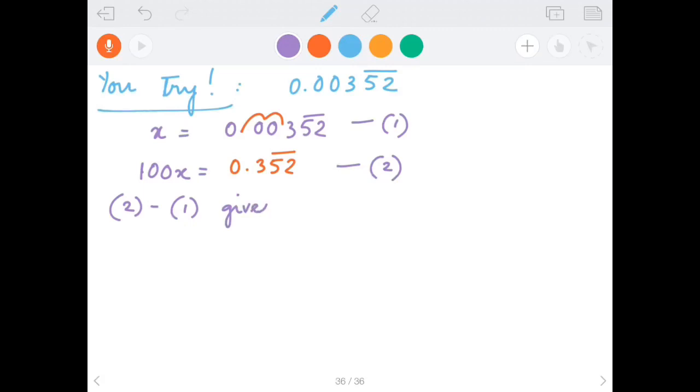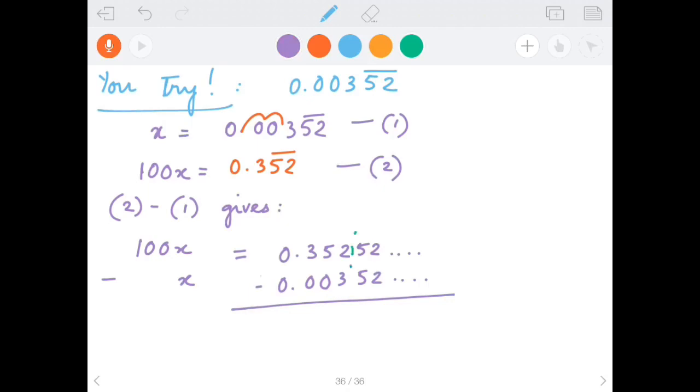So that's 2 minus 1 again. You can just follow it as I put it up here. So that's going to be 0.352 minus, just expanded that out for you, minus 0.00352, cancel that off.